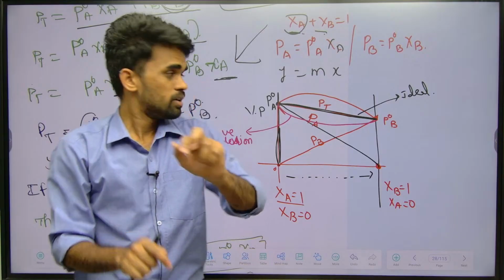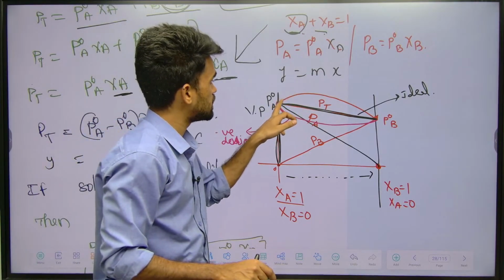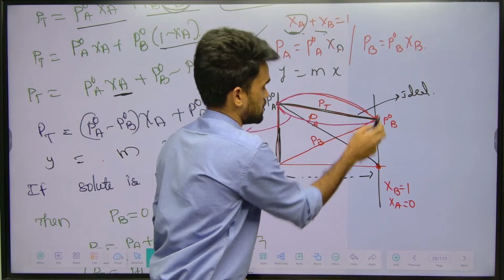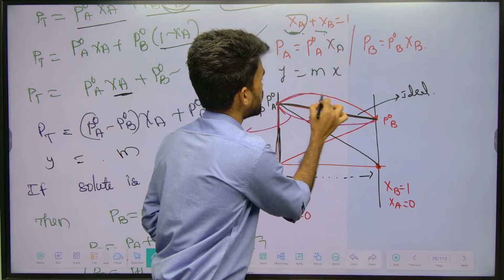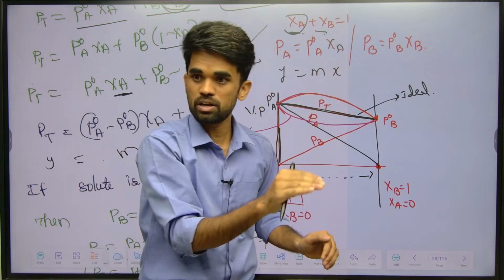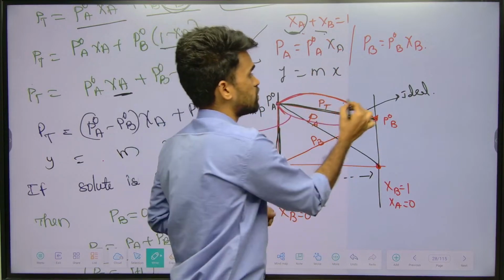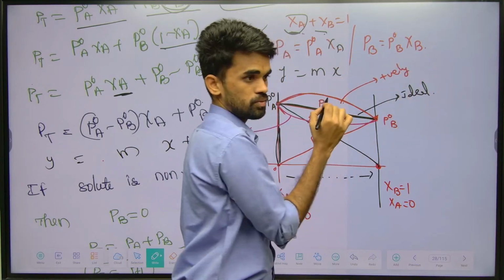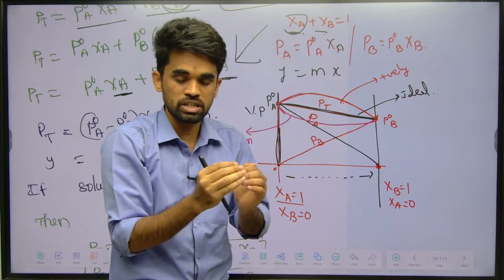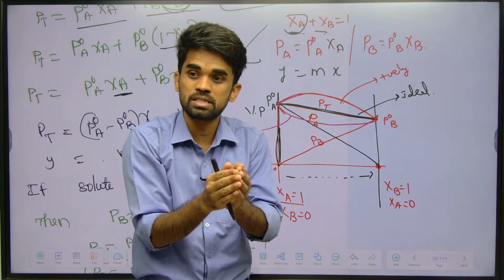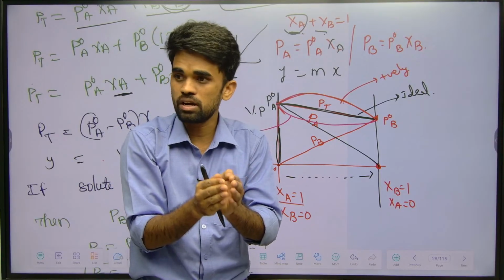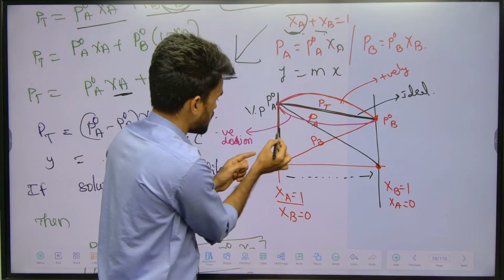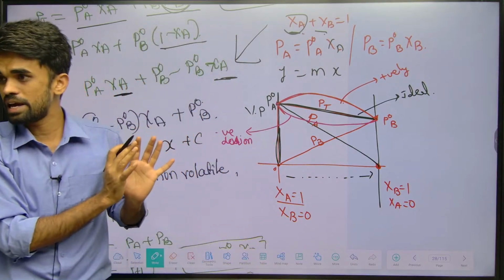Positive deviation means that line is on the upper side. Upper side means its vapor pressure is more or less? More. So more vapor pressure means less intermolecular forces. So that's why this is for a positively deviated solution. If I say negative deviation, are the intermolecular forces after mixing more or less? More. So more intermolecular forces, less vapor pressure. So that's why this line is coming downside. Is this clear everyone?